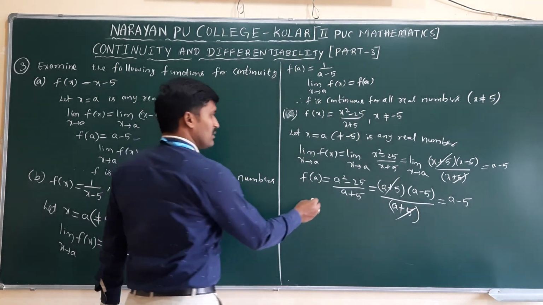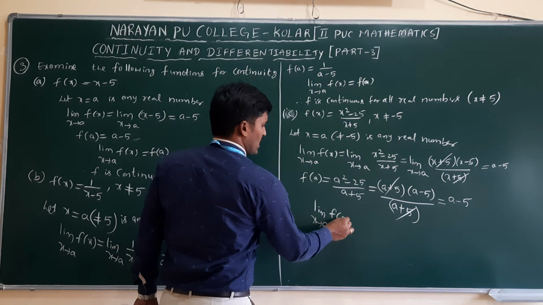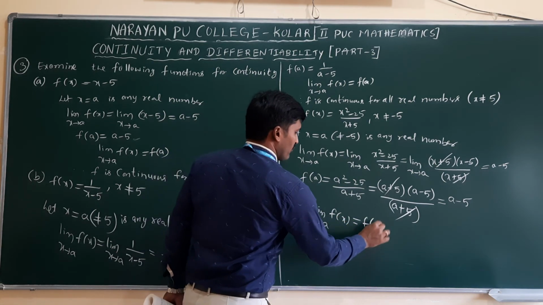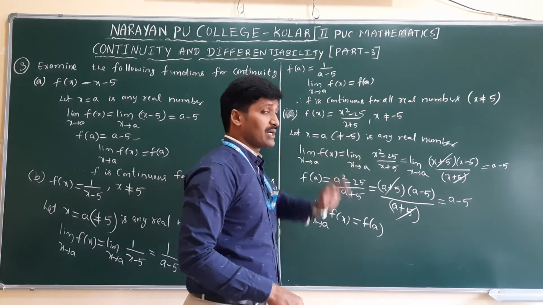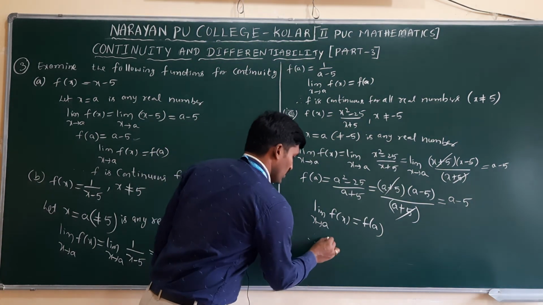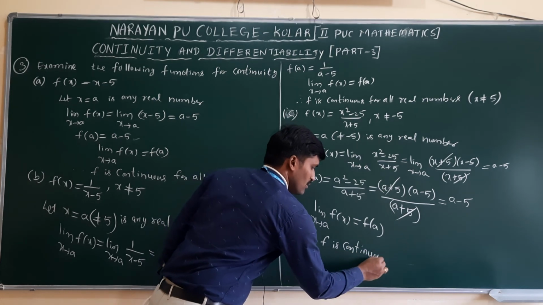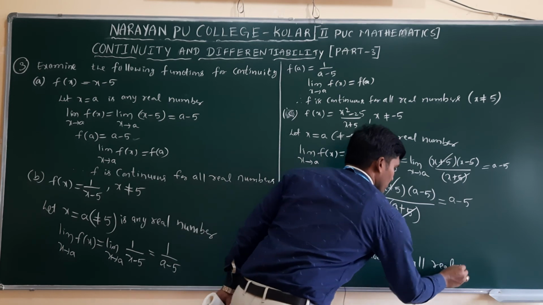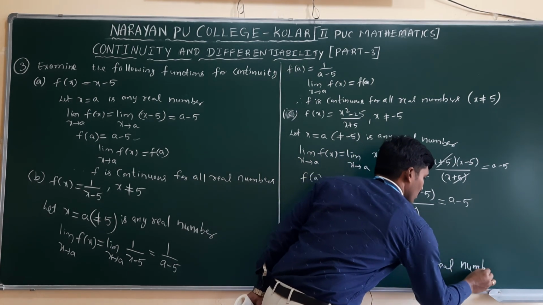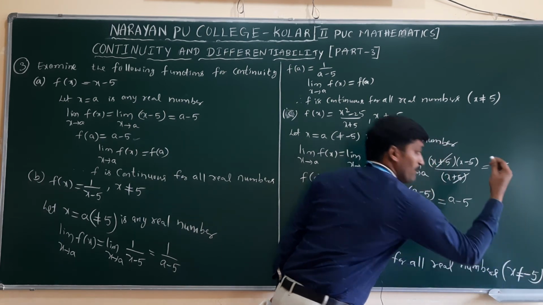Again limit value and function value are both equal. Limit as x tends to a of f of x equals f of a. That's why it is continuous for all real numbers except at minus 5. Therefore, f is continuous for all real numbers except x is not equal to minus 5.